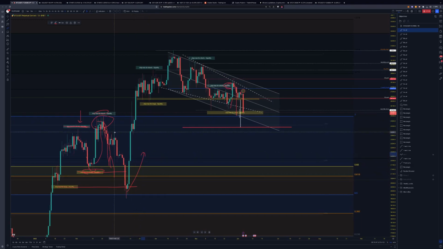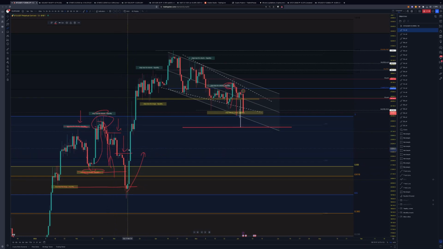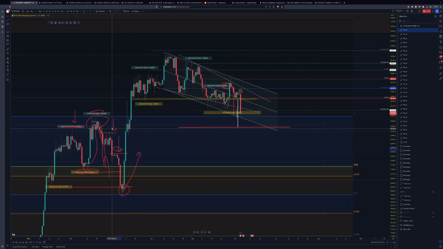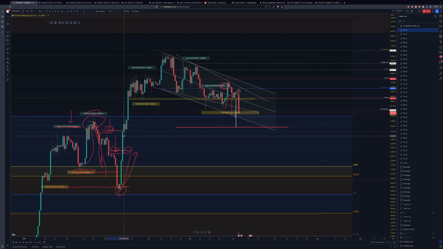Now, as the shorts were coming in, there's all these shorts were coming in from here. What happens is that as they hunt this, they know that these are going to be targeted as well as liquidity pools or shorts, stop losses. So this is why as soon as it hits that, the buying comes in. As soon as it hits this, the buying comes in.